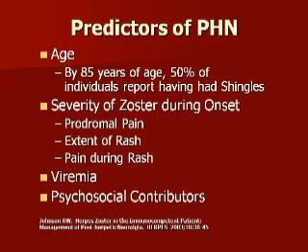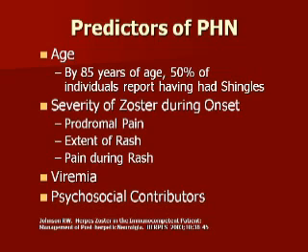Also, during the acute phase, you can get viremia, and the extent of viremia is correlated with the degree of post-herpetic neuralgia. Now, there are psychosocial contributions to determining who will develop post-herpetic neuralgia, and I'm going to leave this for Dr. Strata to explain, because quite frankly I don't understand it all that well.